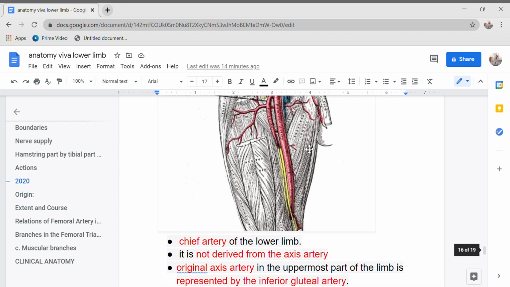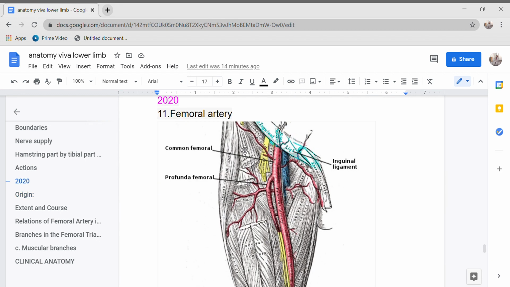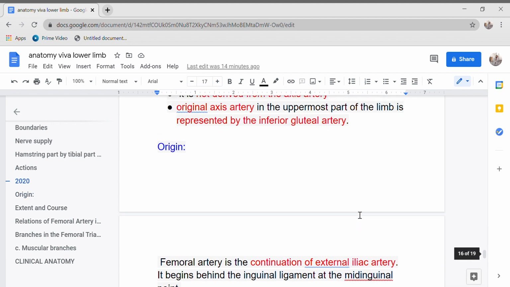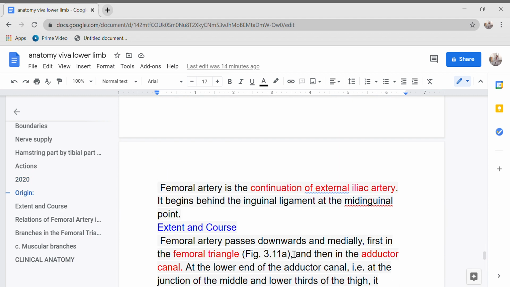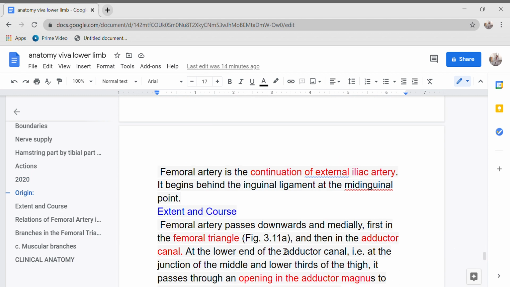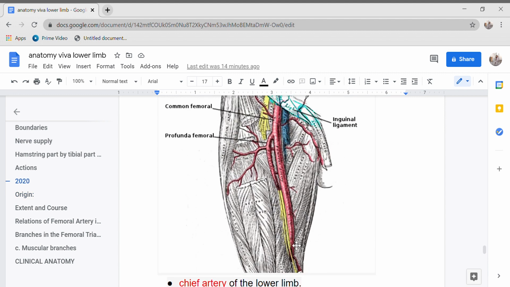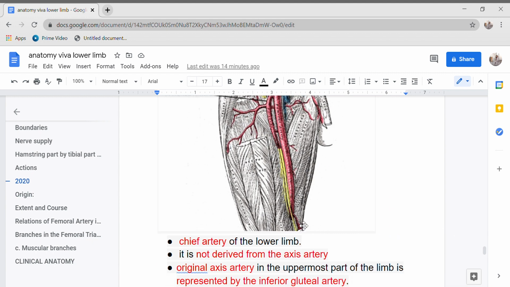It runs downwards and medially in the femoral triangle and reaches the adductor canal. At the lower end of the adductor canal, at the junction of the middle and lower thirds of the thigh, it passes through the opening in the adductor magnus, called the adductor hiatus, and reaches the popliteal region, posterior to the thigh.